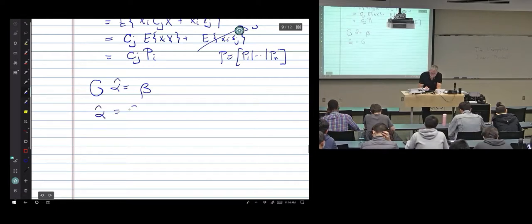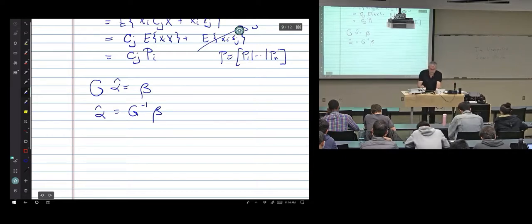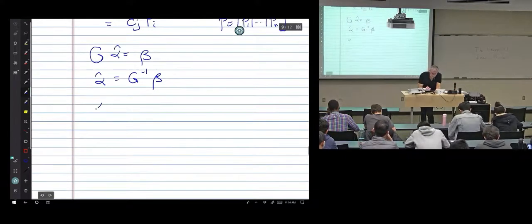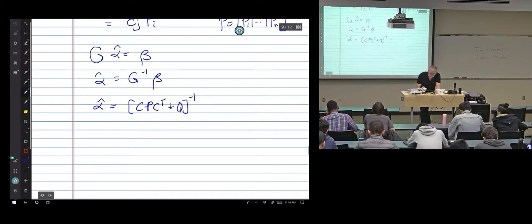Alpha hat is G inverse times beta. And so we get alpha hat equals C P C transpose plus Q inverse times C times Pi.